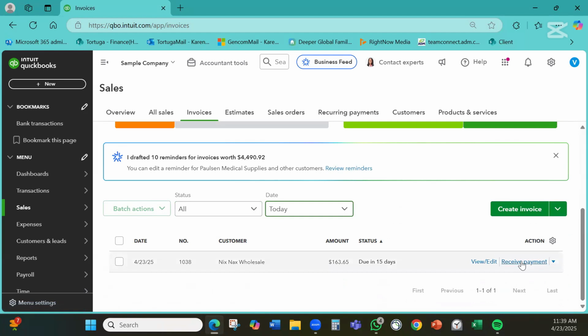All right. So let us say you got the money for it. So you find the invoice and you go right here and you go to receive payment. You can view the invoice if you want. So you can do it two ways. Let us view the invoice.